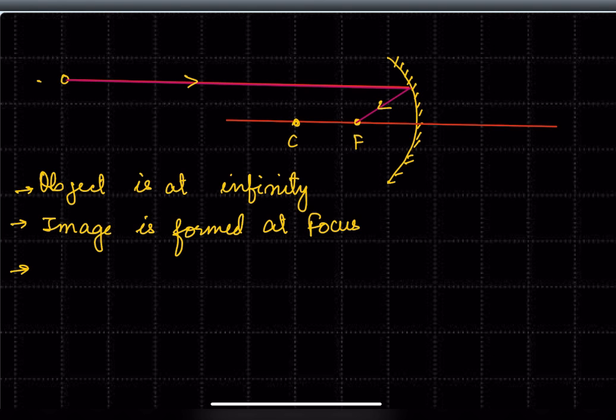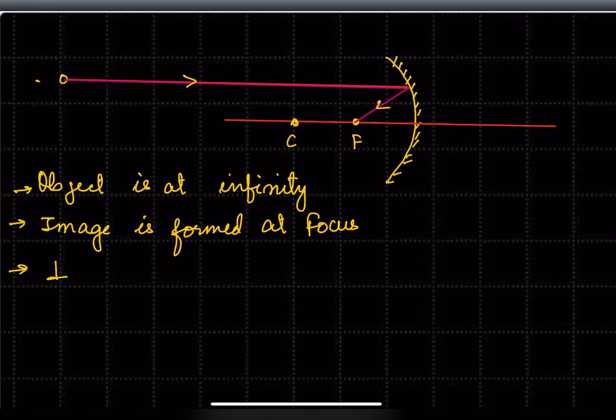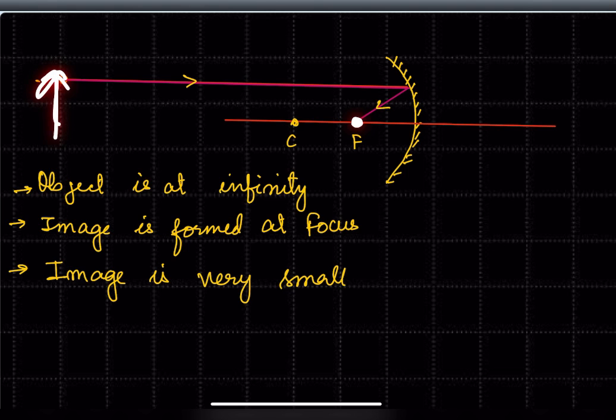What is the type of image formed? First, the image is very small, because it is formed at focus, right? However big the object is, the image formed will be very small, a point, dotted. Got my point? The image is very small.